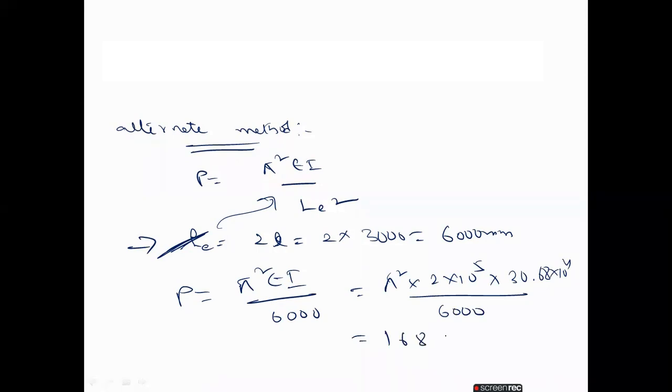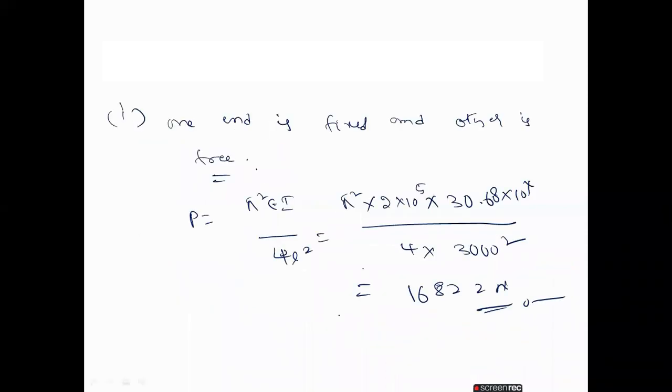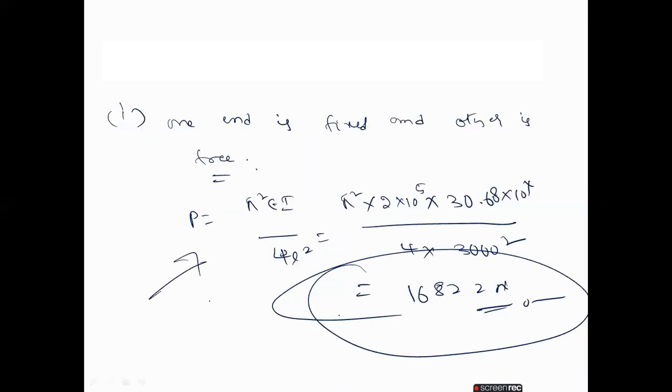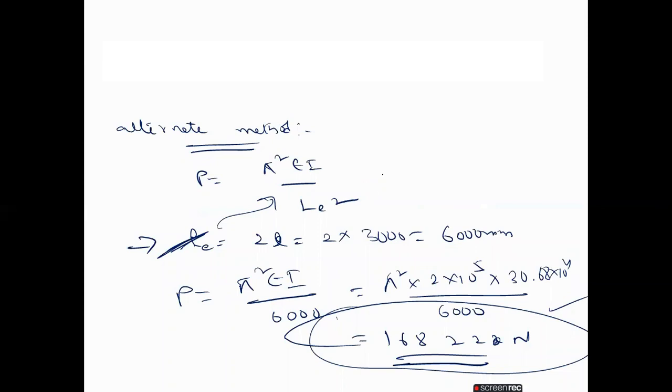You will get the answer 168.22 newtons. Same as the previous one. So we have two methods: we can use the direct formula, otherwise we can solve using the effective length formula.